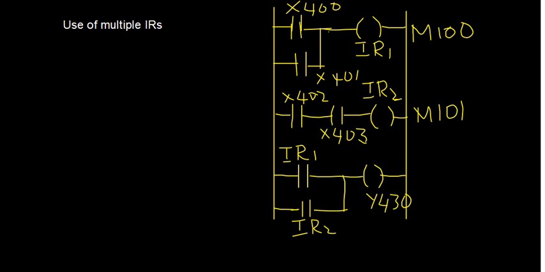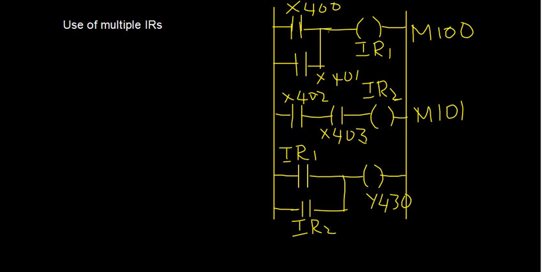Now you look at the third condition. M100 and M101 are merely internal relays, they are not the outputs, but they play the role of inputs based on other functionalities, that is on X400 or X401, or X402 and X403.